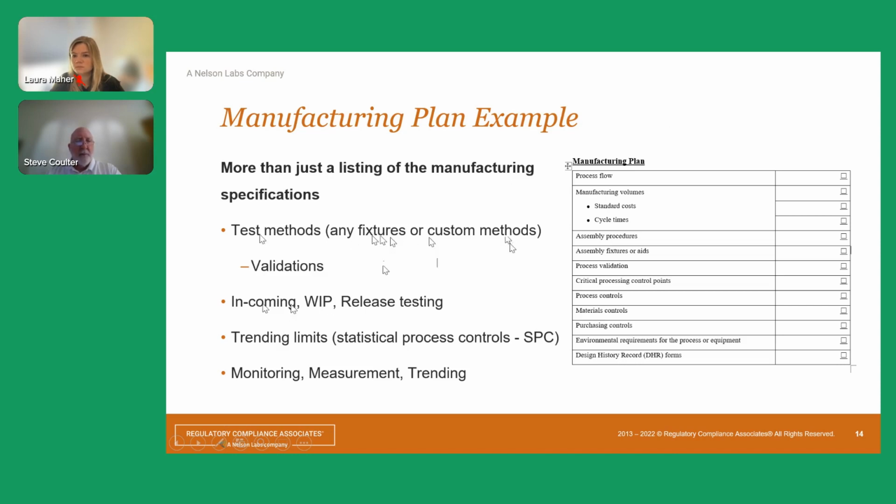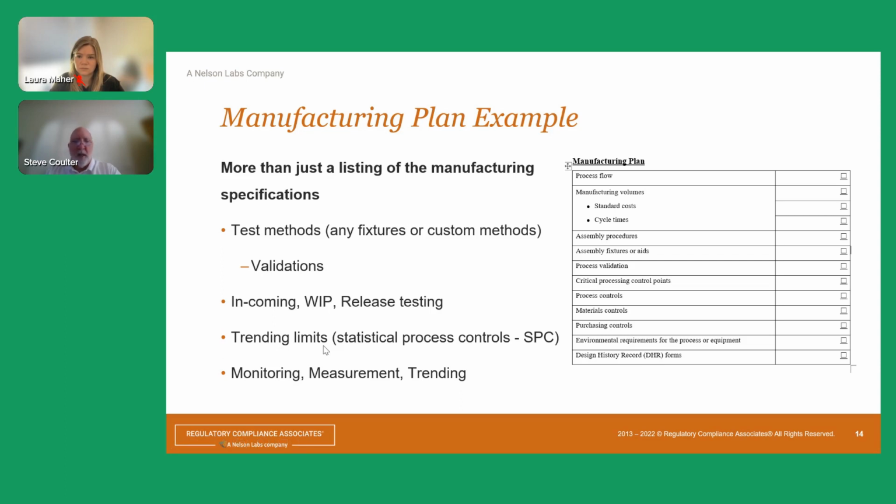All of your test release, I don't care if it's incoming materials, work in process, or final goods, finished goods release testing, they all need their acceptance criteria. You have to have your trending limits with statistical controls specified up front.